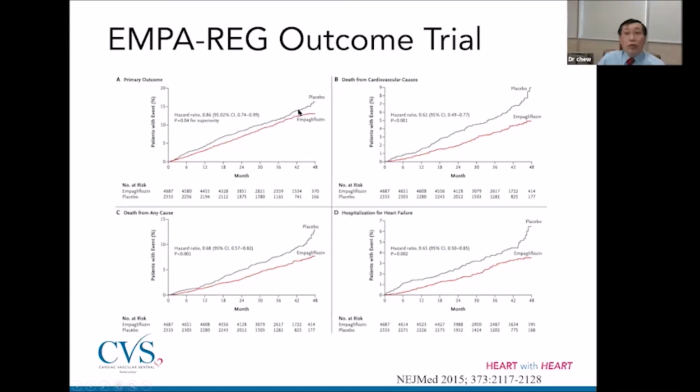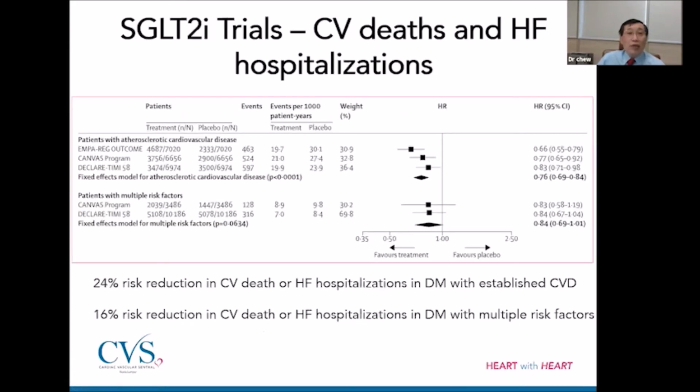What was even more interesting was that there was a significant reduction in hospitalization for heart failure in patients who received empagliflozin in this study. Subsequently, other SGLT trials using canagliflozin and dapagliflozin also showed the same trend, a reduction in cardiovascular death and heart failure hospitalizations, both in patients with cardiovascular disease as well as in patients without cardiovascular disease but with diabetes and other cardiovascular risk factors.